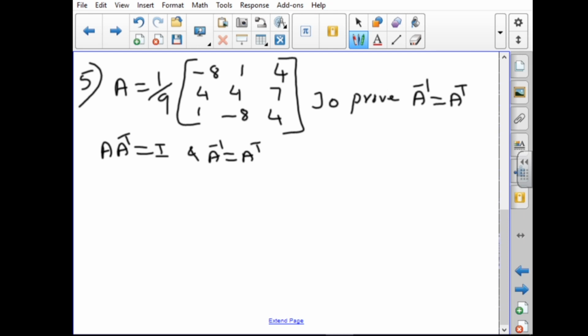So multiply both the sides by A. So we get A into A inverse is equal to A into A transpose.